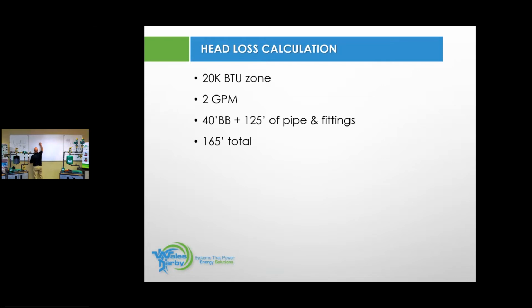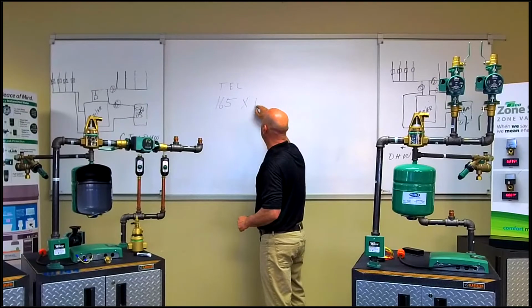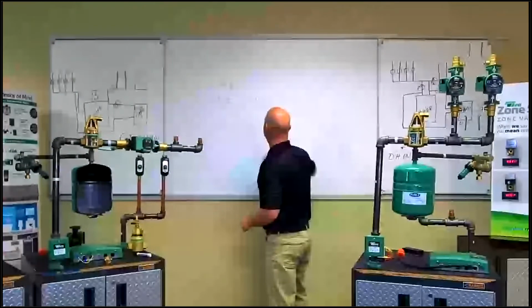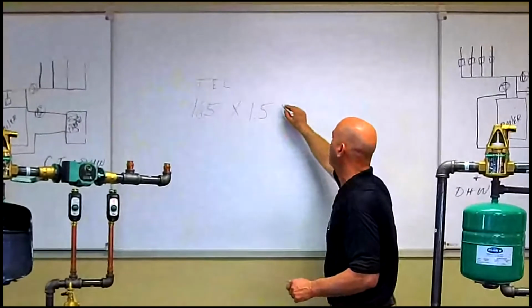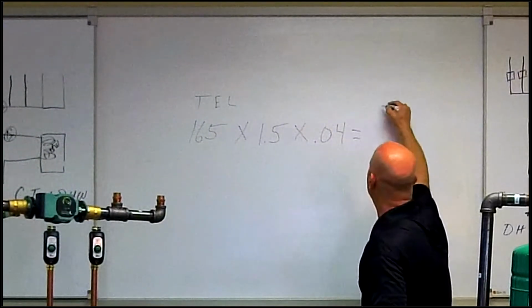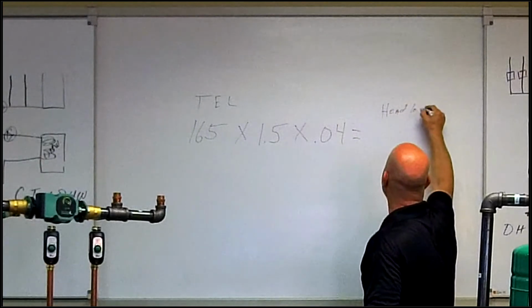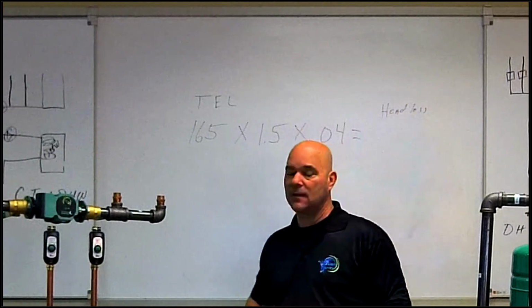The total equivalent length, I have 165. If I go into my catalog on page 44, it tells me to multiply that by 1.5, and then to multiply that by 0.04. That will give me the head loss of that heat circuit.